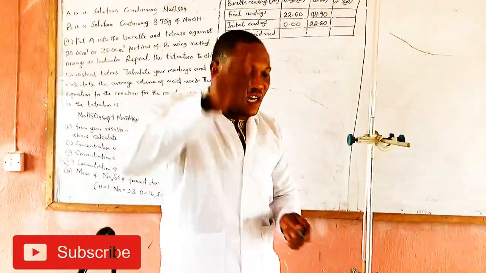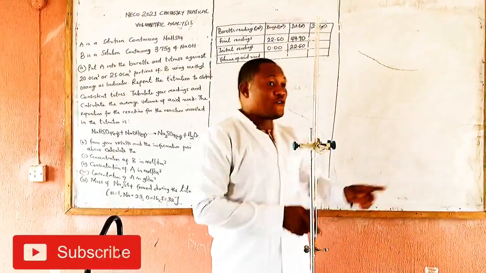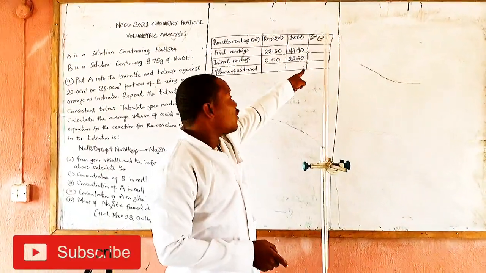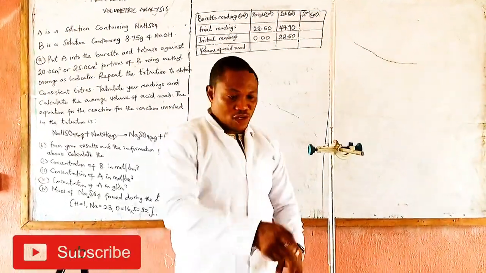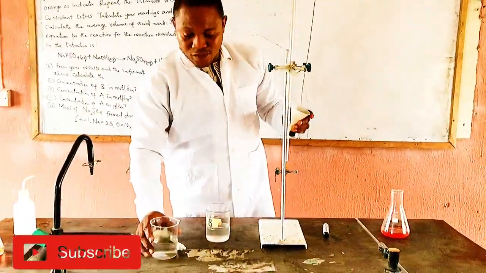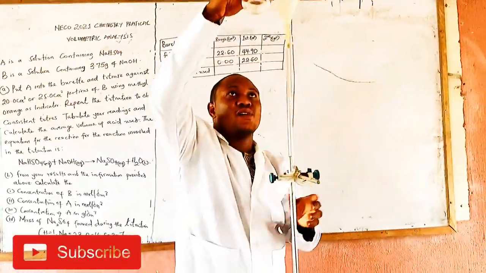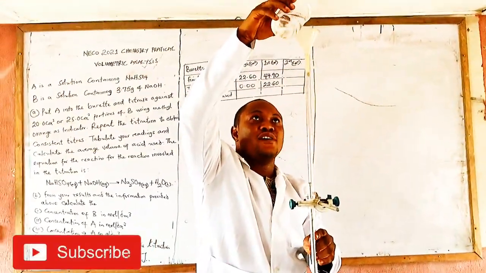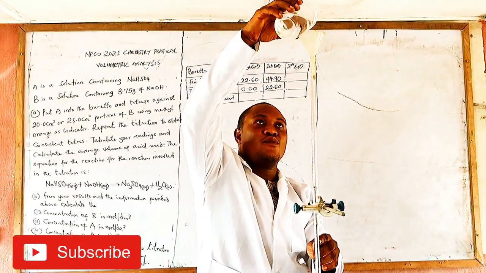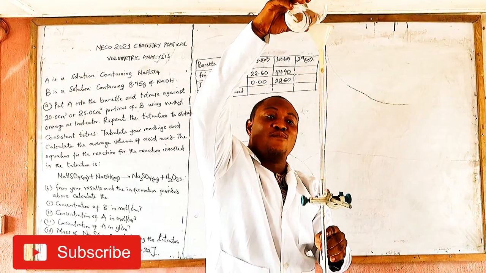Very, very important. I can now refill my burette because the acid here will not be enough to cater for the last titration. Don't forget you are working with time. Don't forget your solution A is going to be in the burette very, very fast. So I can add this now. Refill to the 0.00 mark.